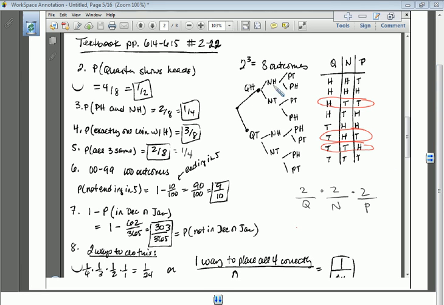Now we have drawn out some sample spaces for you here so you can see them. Tree diagram and a table.